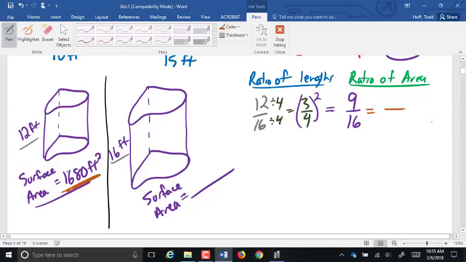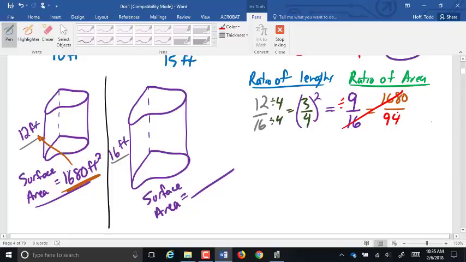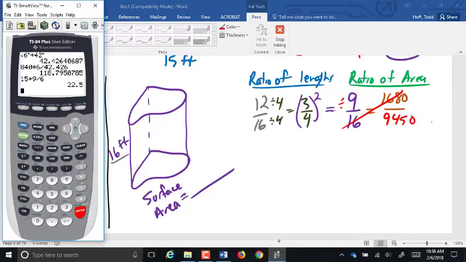Over here, where's the 1680 go? The 12 is the smaller number, so the 1680 goes on top. So then we will cross multiply and divide. 16 times 1680 divided by 9 is what, 9,450? Let me double check that.